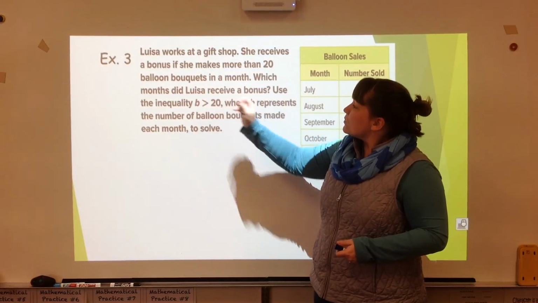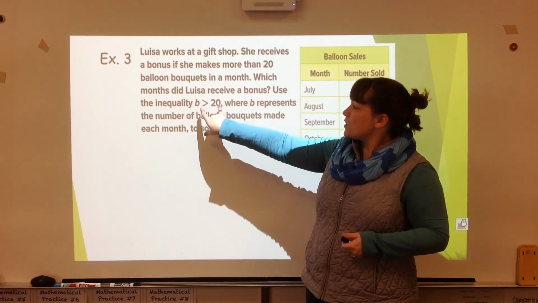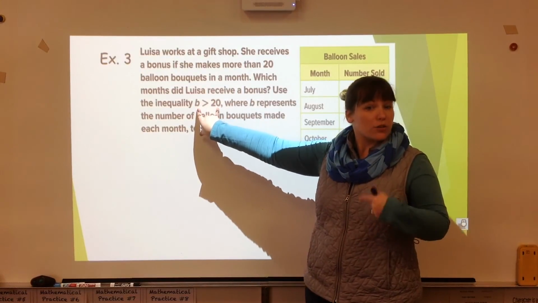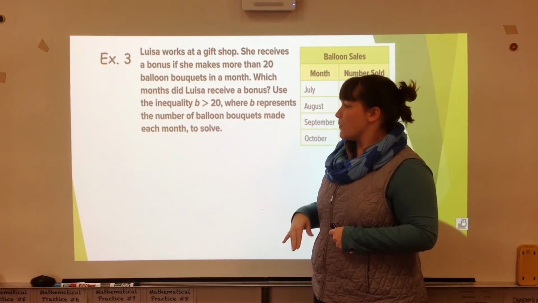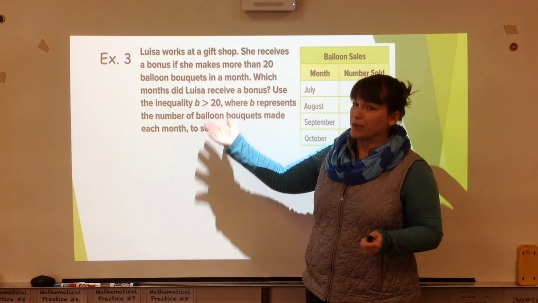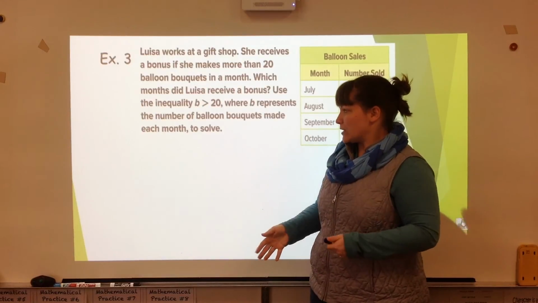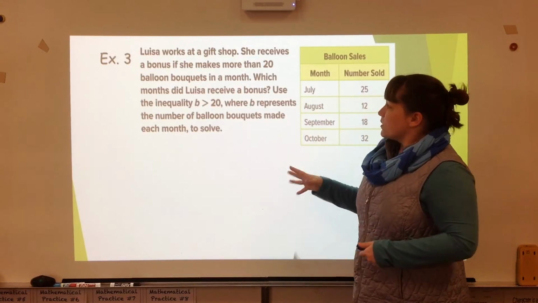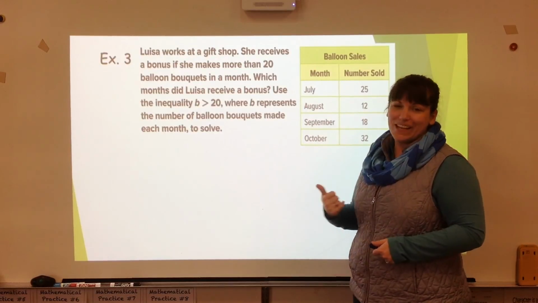Which months did Louisa receive a bonus? Use the inequality. They actually give it to us. You can underline that as well, where B represents the number of balloon bouquets made each month. So they're just sharing with you what the variable represents. It represents balloon bouquets.